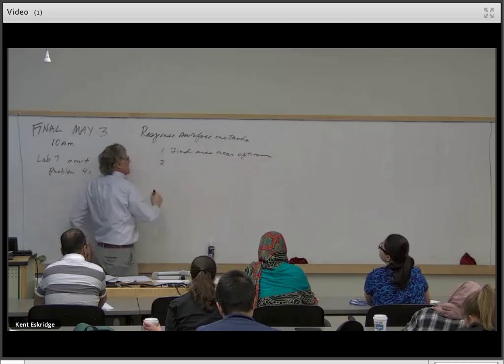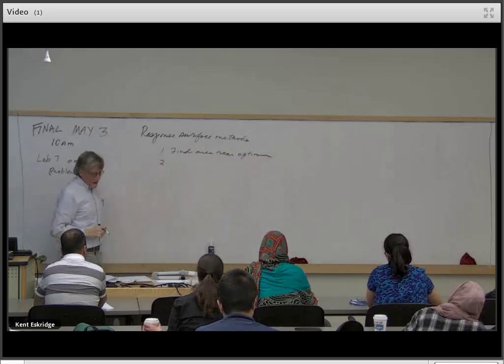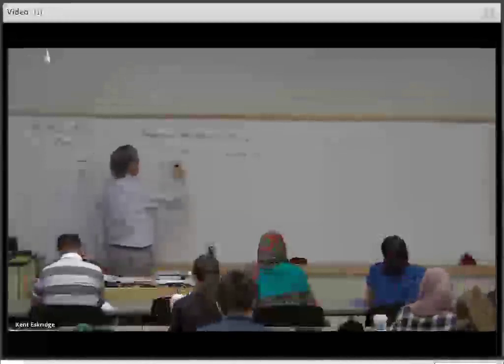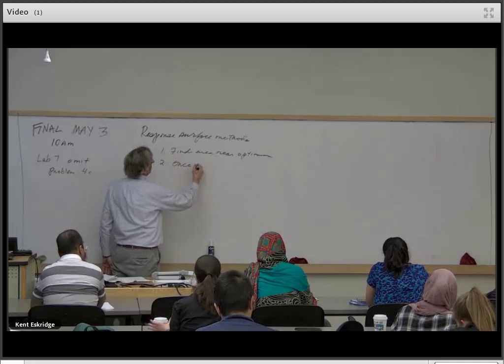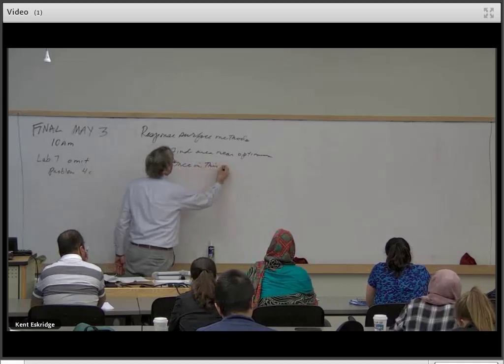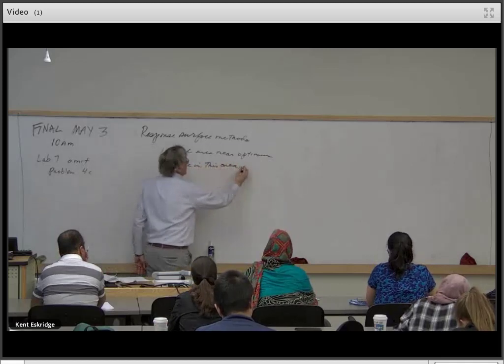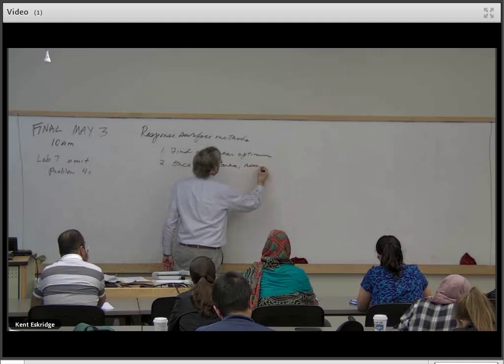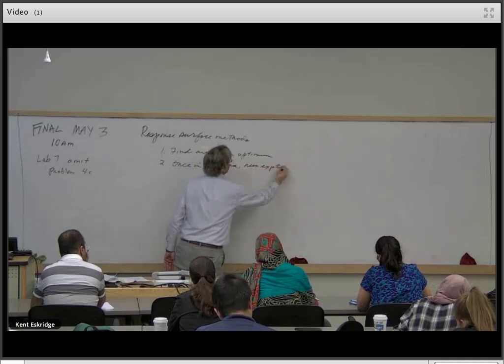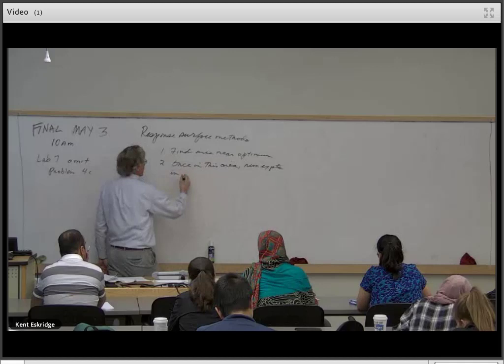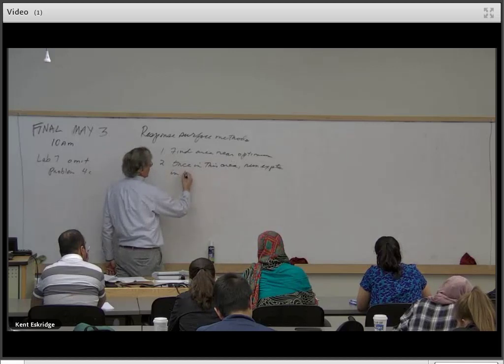Okay, second thing is that we'd like to be able to find experiments or run experiments in the area of the optimum. Once in this region, once in this area, run experiments in the area of the optimum, in this area.